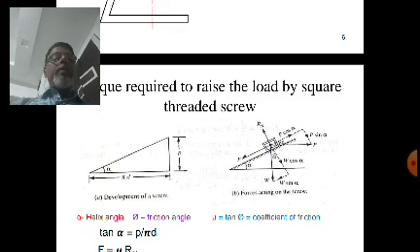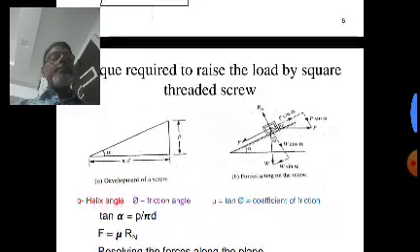When you take pi into mean diameter, that gives you the circumference. Now the hypotenuse gives you the total length.